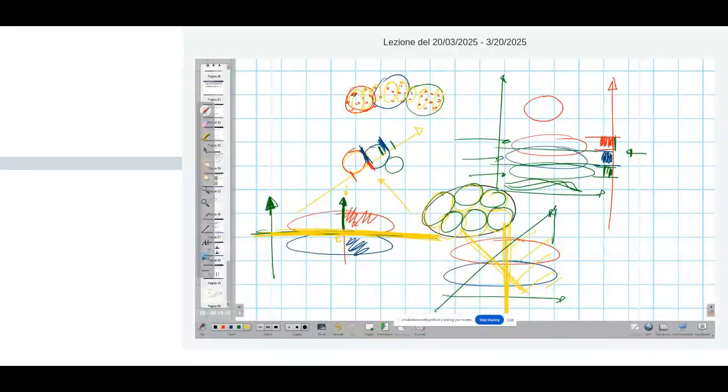With the threshold here, these red points will be correct, these red points will be wrong, these blue points will be correct, these blue points will be wrong. Maybe something better than the horizontal one, but still bad. I can divide with this plane, which corresponds to the vertical direction. In this case, red will be correctly classified, blue will be correctly classified.